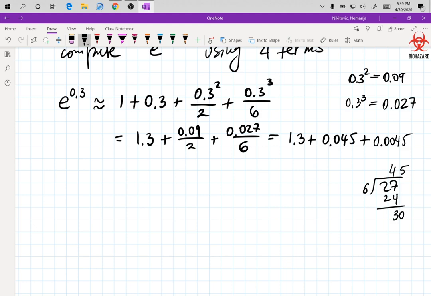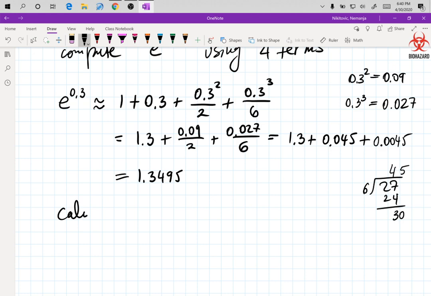And now we just need to add these numbers. So as you can see, it's no calculator use, right? You just plow through this. 1.3495. Let's see. e raised to 0.3.